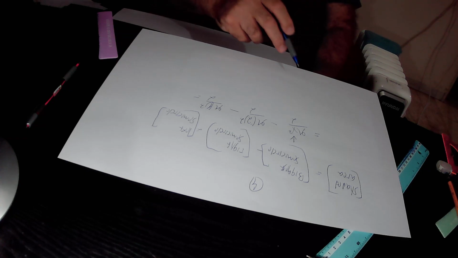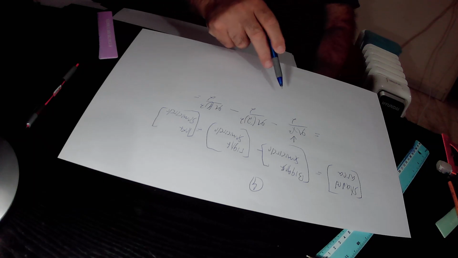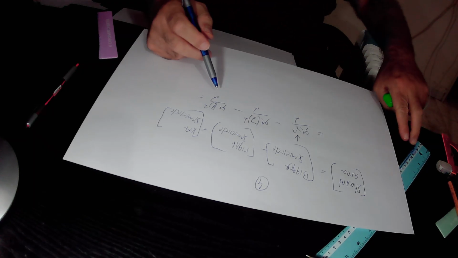So in all three expressions we have pi over 2, so we'll take pi over 2 as a common factor out of those three expressions.